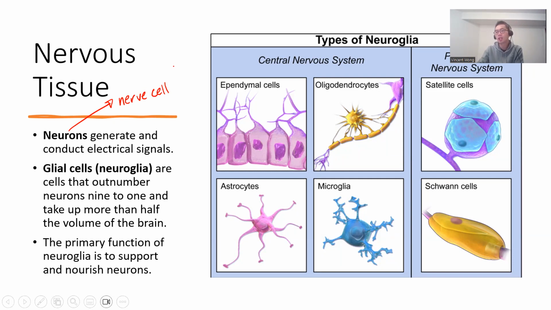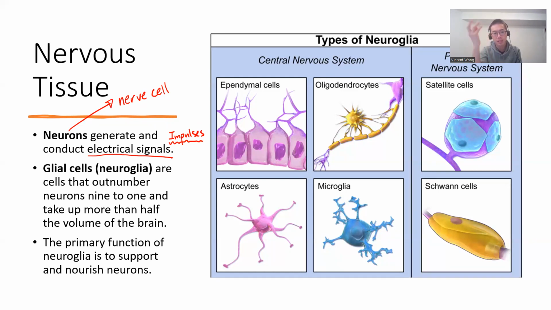These are responsible for creating and transmitting electrical signals. Electrical signals are called impulses. You might see that coming up again and again throughout the lecture.